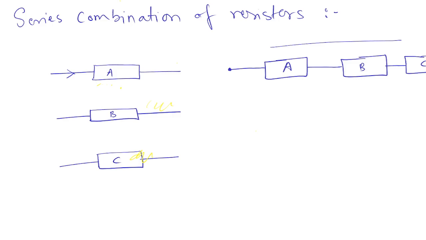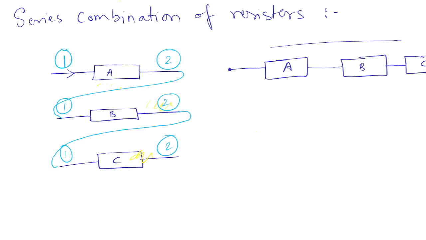Yeah, so this is end 1 of resistor A, let's say, and this is end 2. This is end 1 of resistor B, and this is end 2. Similarly 1 and 2 for C. Now when end 2 of resistor A is connected with end 1 of resistor B, and end 2 of resistor B is connected with end 1 of resistor C, then this is called a series combination.